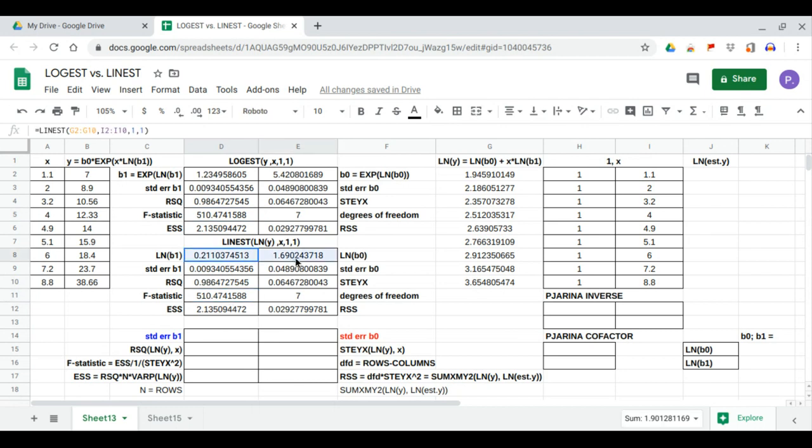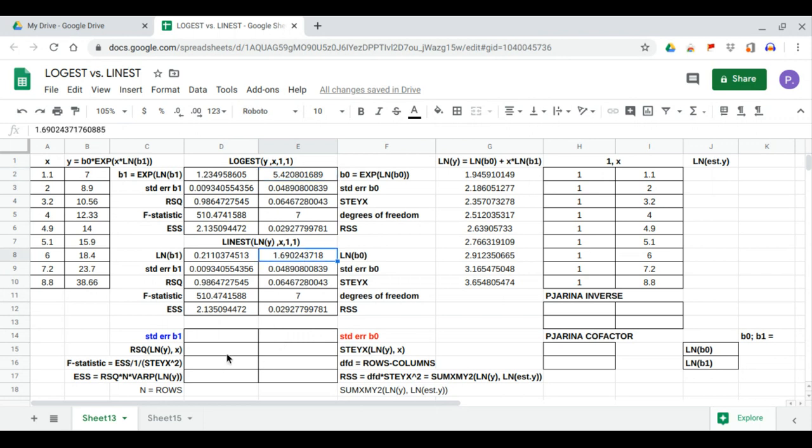But we have different values of the coefficient. Here the coefficient is the logarithm of this coefficient. So the logarithm of 1.23 equals 0.211, and the logarithm of 5.42 is 1.69.